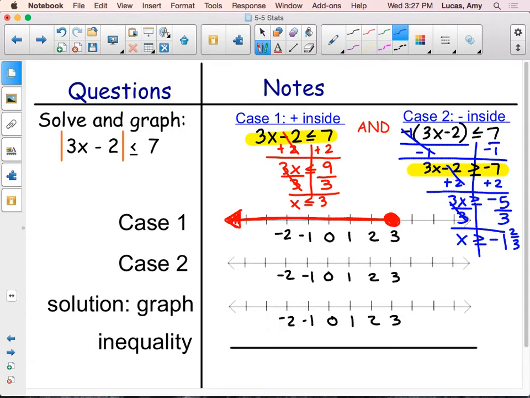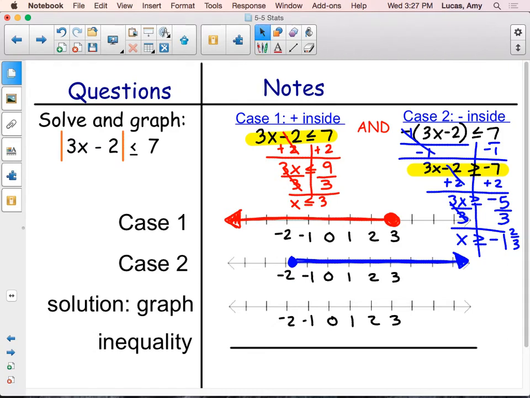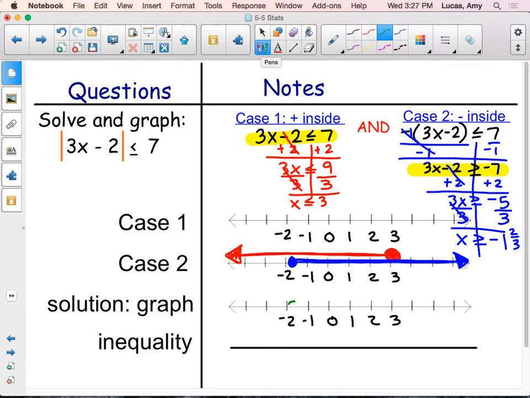And then my blue one is greater than or equal to negative 1 and 2/3, so about right here. So where they overlap is going to be starting at negative 1 and 2/3 and ending at 3, and then connected in between. So negative 1 and 2/3 is less than or equal to x, less than or equal to 3, just like that.